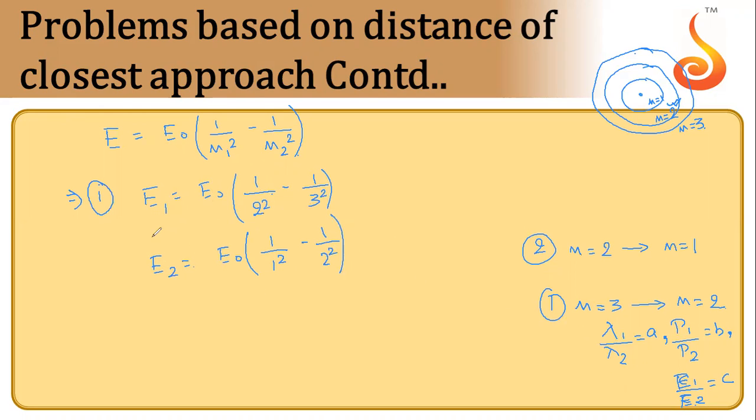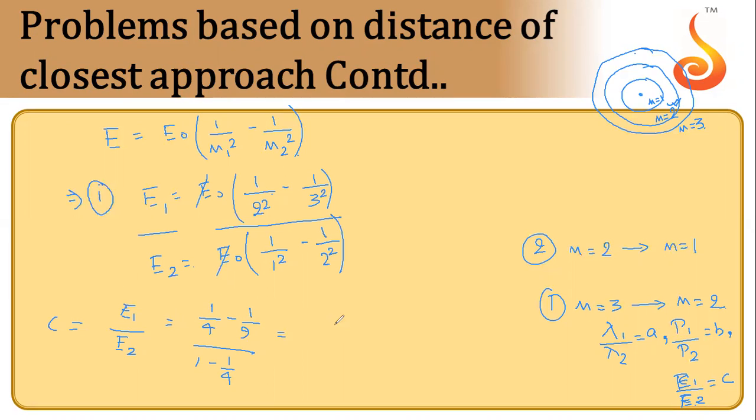We need to calculate the ratio E1 by E2, so we divide these two, and E naught will get cancelled. E1 by E2, which is also equal to C, is (1 by 4 minus 1 by 9) divided by (1 minus 1 by 4).